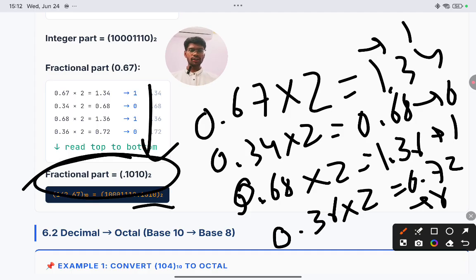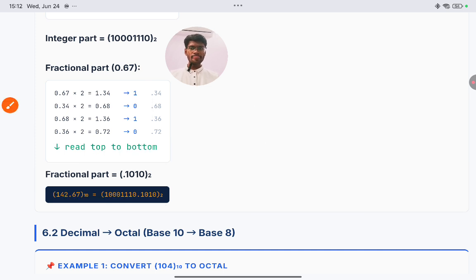That's the fractional part, right? What we basically did is to convert. Try to understand the logic of this. You get 1 somewhere, multiplying by 2, you get this 1 part, 0.34 remaining, multiply by 2, 0.68, 0 remains.